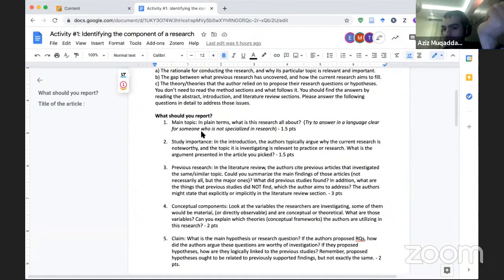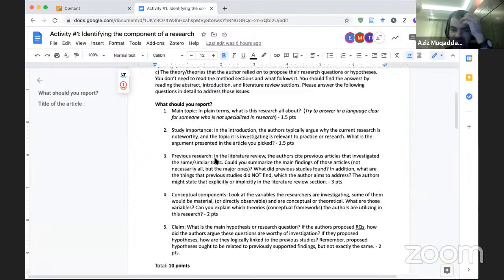You don't need to read the method section or the findings or the implication section. So basically, you would read about 3 to 4 pages of the article out of maybe 12 or 14 pages. And most of them are actually shorter. Some of these articles, the introduction and literature review are only 2 pages, right?